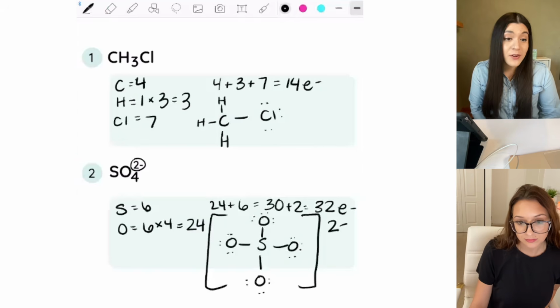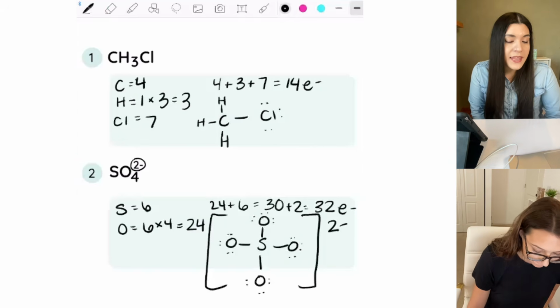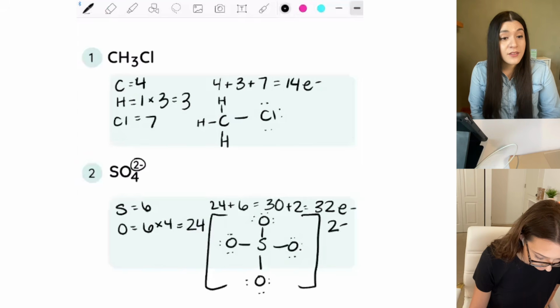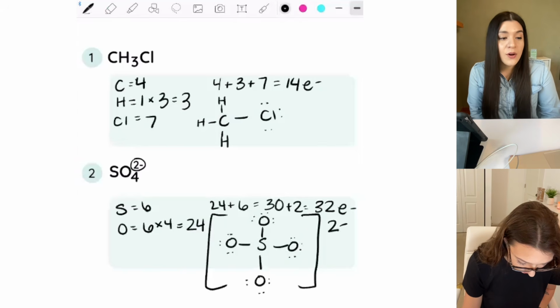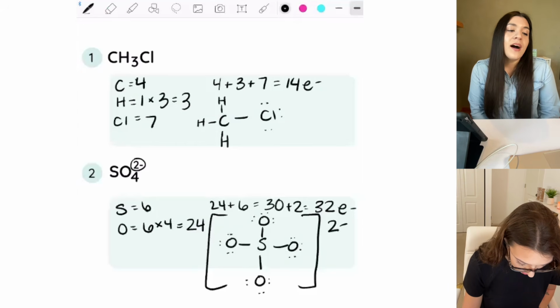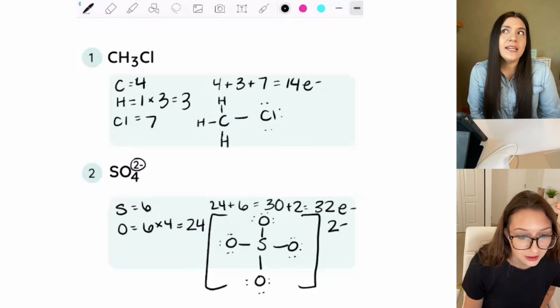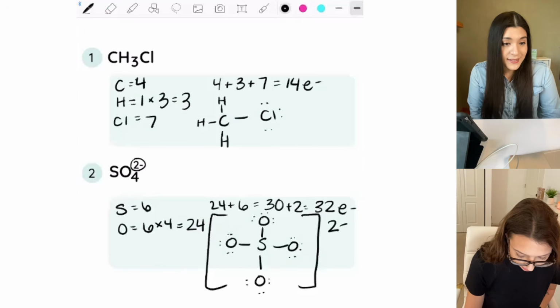So this structure is a tricky one, and I wanted to do this together. That's typically what you would think the structure would be. And you didn't do anything wrong, okay? You followed all the steps perfectly. This is now going into another topic that I did want to touch on just a little bit. So this actually isn't the best structure, and there's more reasons behind this.